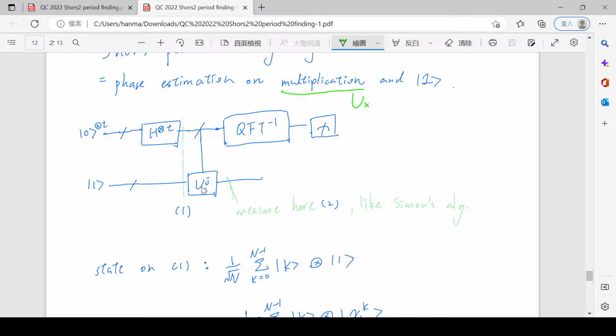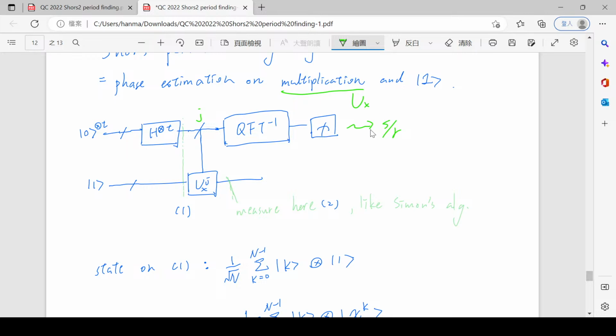And our unitary is multiplication by x. So whatever j is here, you will do multiplication j times. And in our phase estimation, then we do QFT inverse, and then we do measurement, and you will get some result. Okay? So here you should get s over r, because that's what happened in our previous analysis, with some uniform random s.